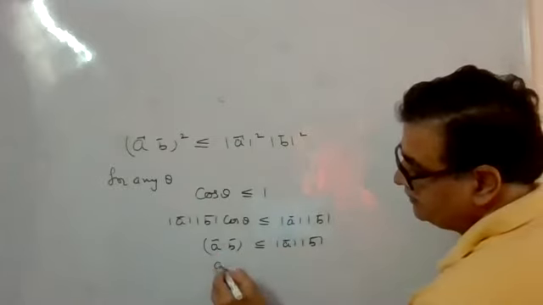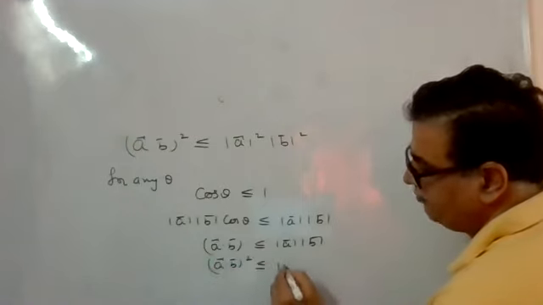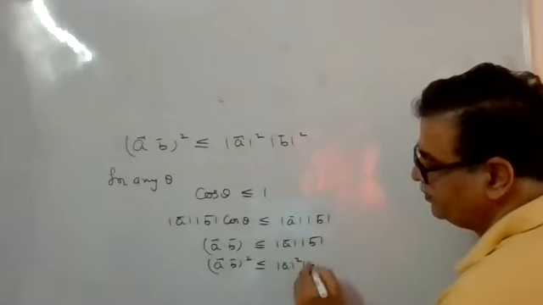So what I get here in this case, (A dot B) whole square is always less than magnitude A square, magnitude B square.